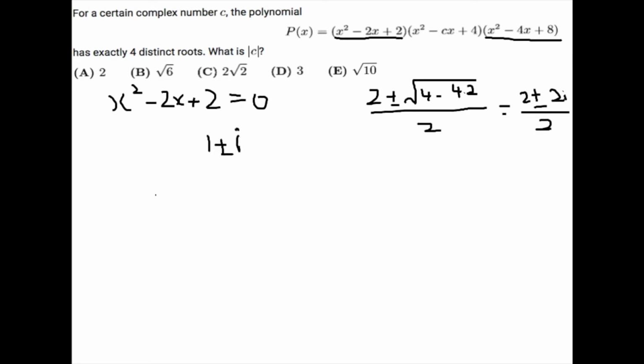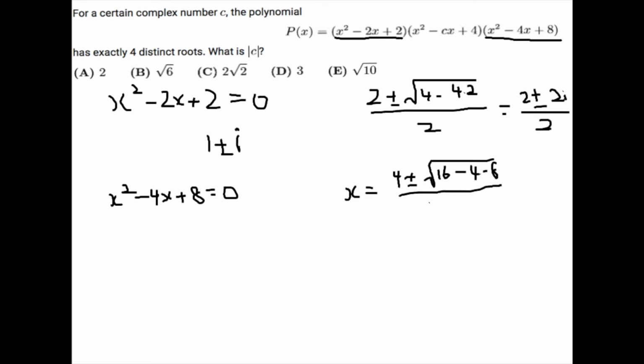So for this one, we have x squared minus 4x plus 8 equals 0. So x is going to have to be 4 plus or minus the square root of 16 minus 4 times 8, over 2.